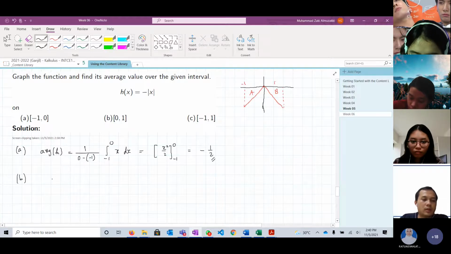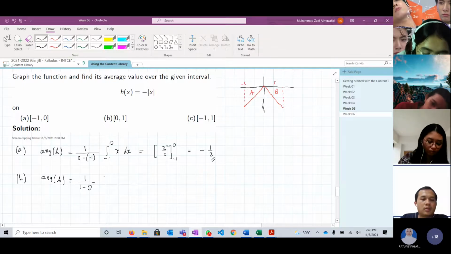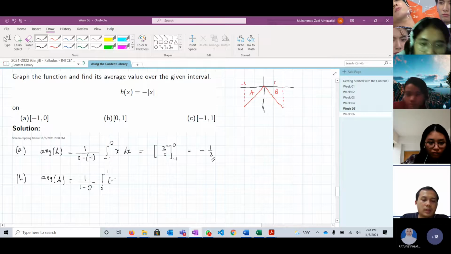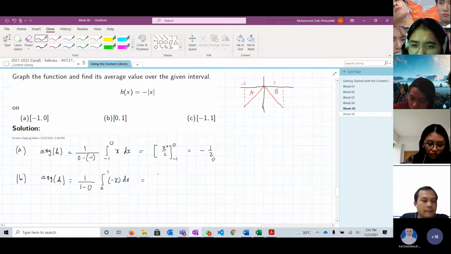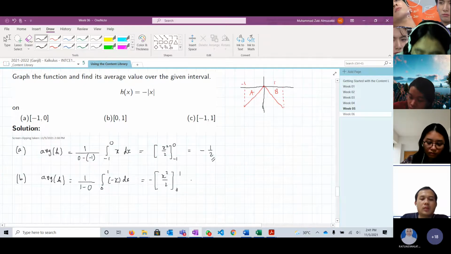For B, the average of h is 1 over 1 minus 0 times the integral from 0 to 1, and for the area B it is minus x. Minus x dx, so in this case we have minus of x squared over 2 from 0 to 1, which is minus half.